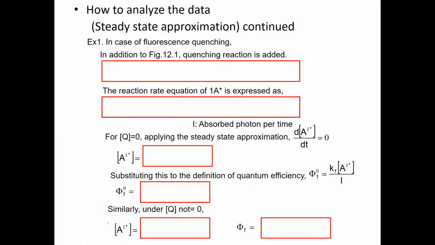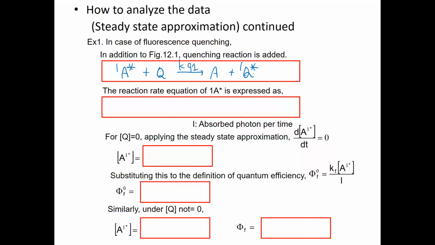So at first, for example, let's see when we add the quencher, meaning the fluorescence quencher, right? By addition of this reaction, the A1 excited state is quenched by the quencher, and the rate constant is given with KQ1.